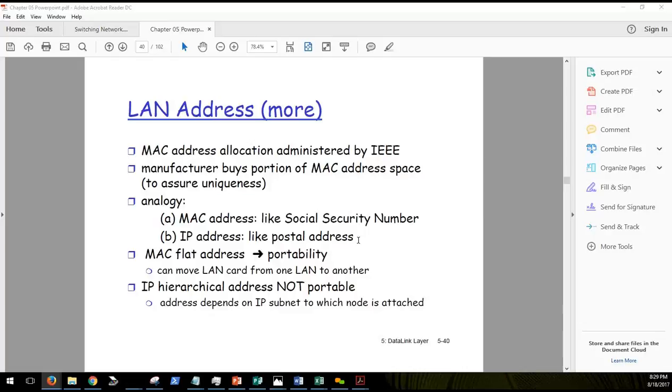Do you know? It's like a NIC. It's a NIC. Give me another name for a LAN card.